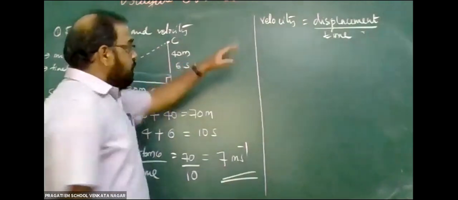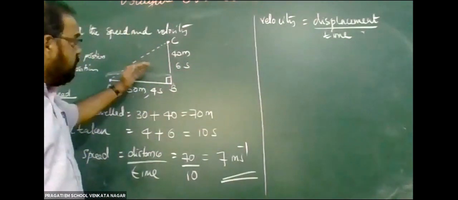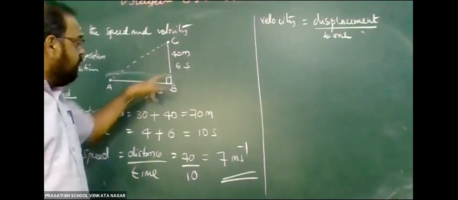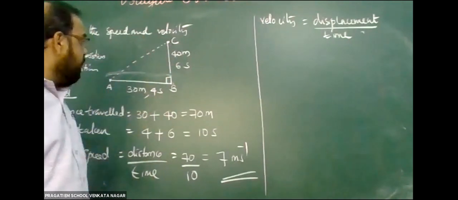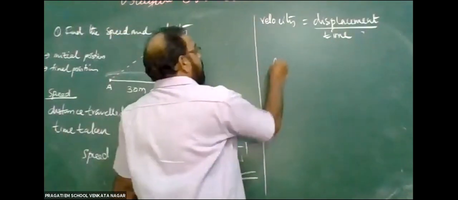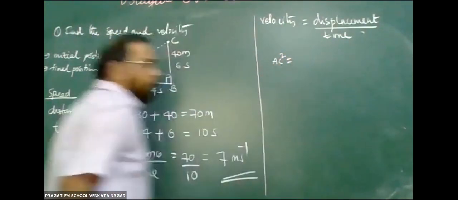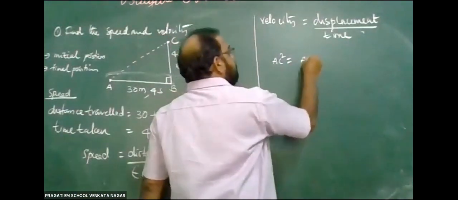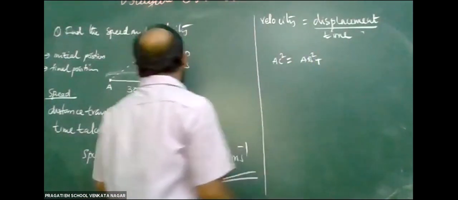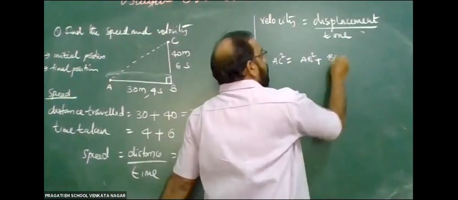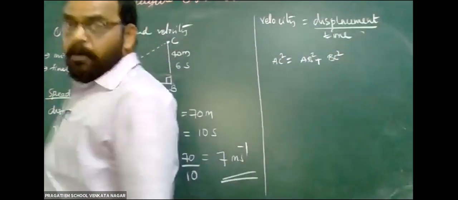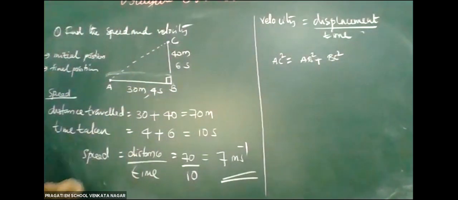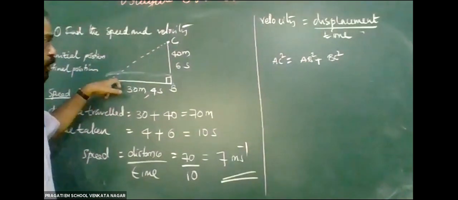So here, how to calculate AC? You are studying in 9th class now. It is a right angle triangle, so we can apply the Pythagoras theorem. AC square is equal to AB square plus BC square. In a right angle triangle, AC is the hypotenuse.